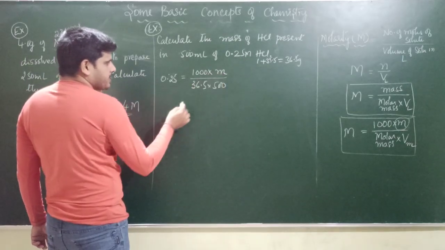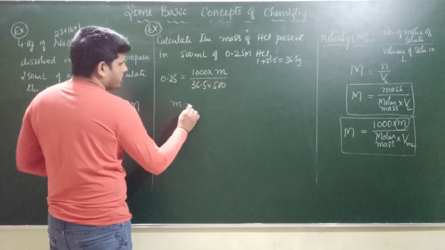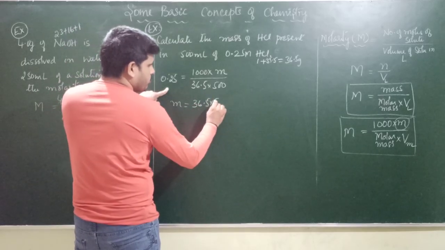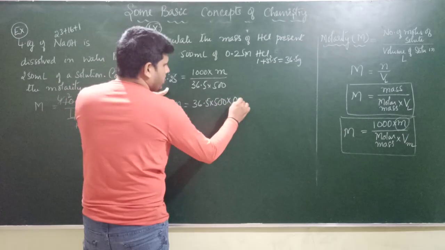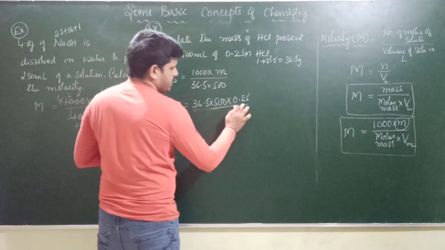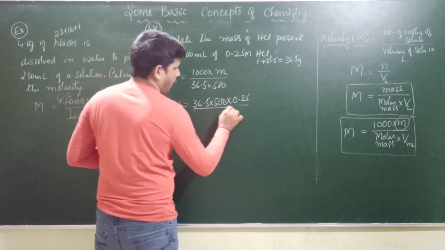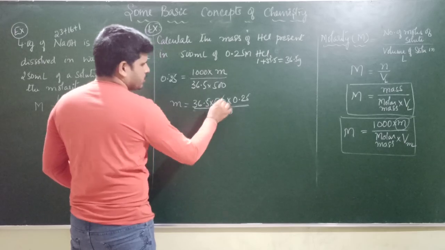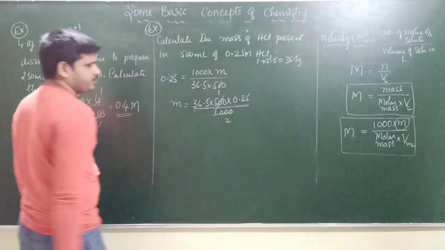So what is the mass then? M is equal to, multiply it, 36.5 into 500 into 0.25 divided by 1000. So 500 ones are 500, twos are, isn't it?